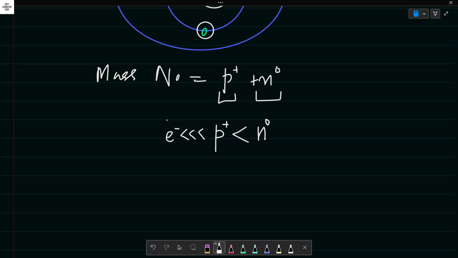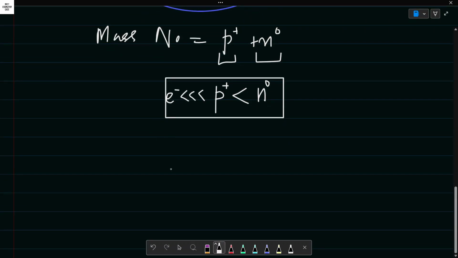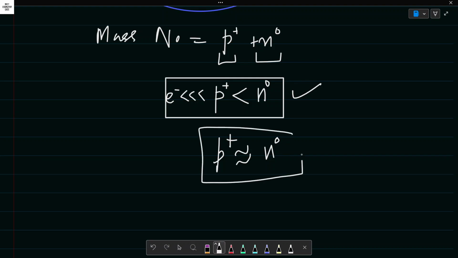And in the general scenario, we say that electrons are of negligible mass, and proton mass is similar to neutron mass. So here you can understand that the actual order is this and the approximate order is this.